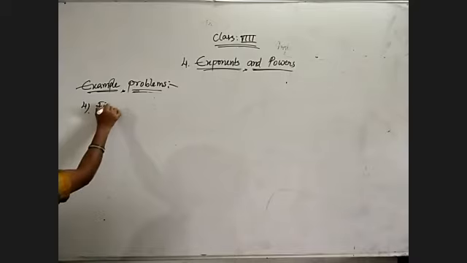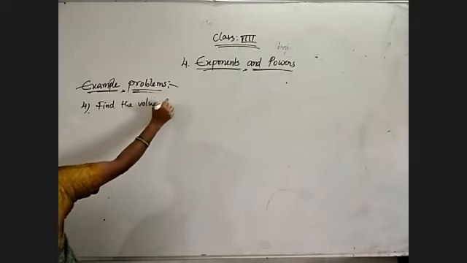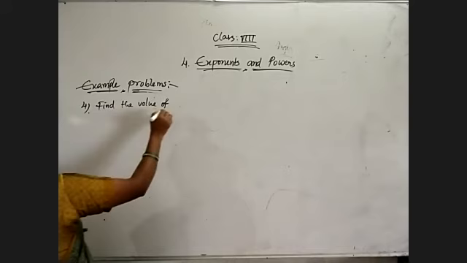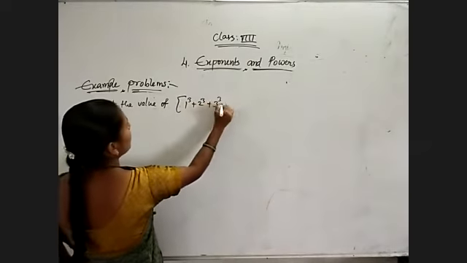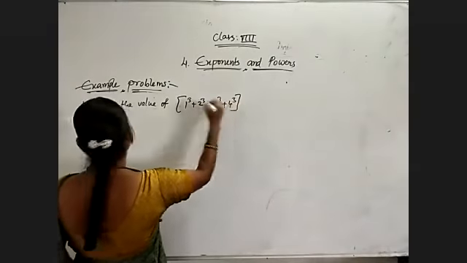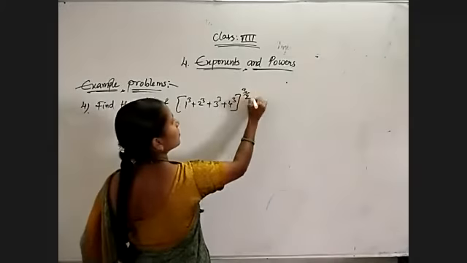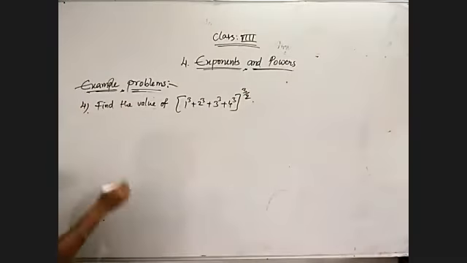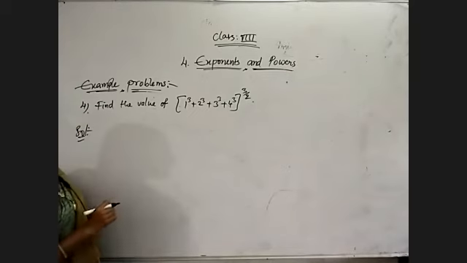Find the value of 1 cube plus 2 cube plus 3 cube plus 4 cube whole to the power of 3 by 2. See, just observe the given question. Observe the sequence 1 cube, 2 cube, 3 cube, 4 cube.